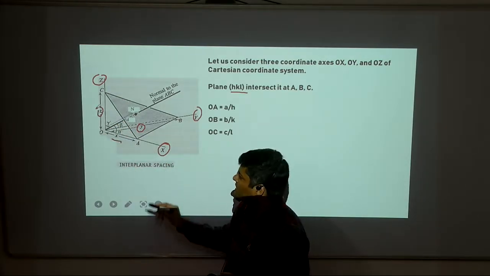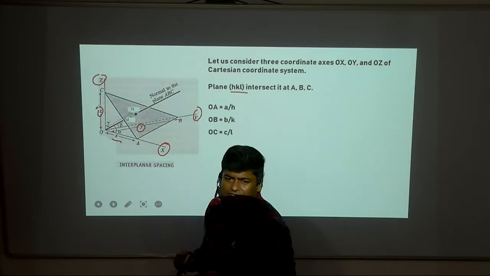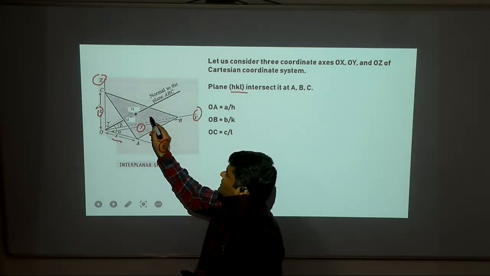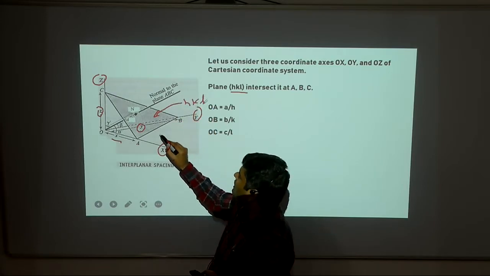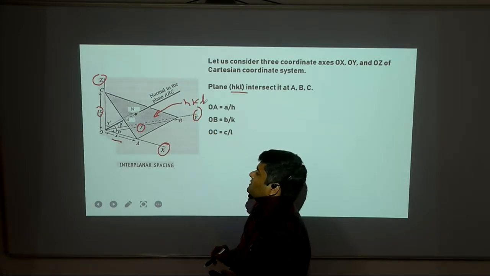So x, y, z are the intercepts of this HKL plane on the three crystallographic axes.